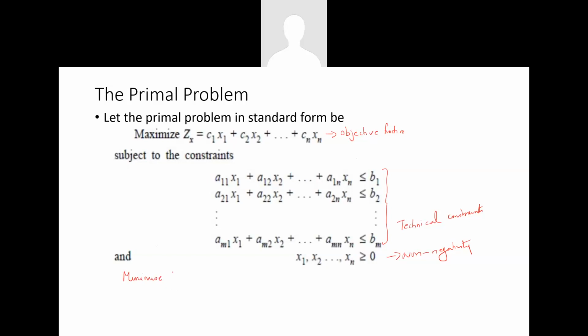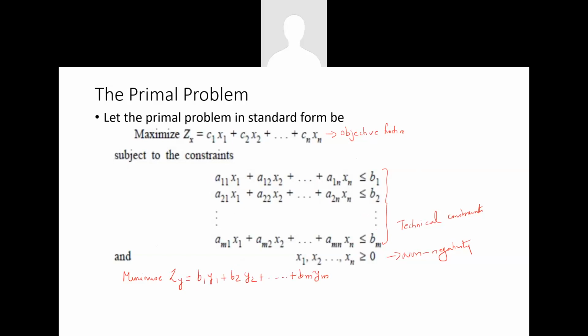Zy is equal to... Now, all the constants b1, b2 up to bm on the right hand side of the linear inequality sign become a part of your objective function in the dual, which is a minimization. So you can write this as b1 y1 + b2 y2 + up to + bm ym. That is how you write the minimization problem, right?